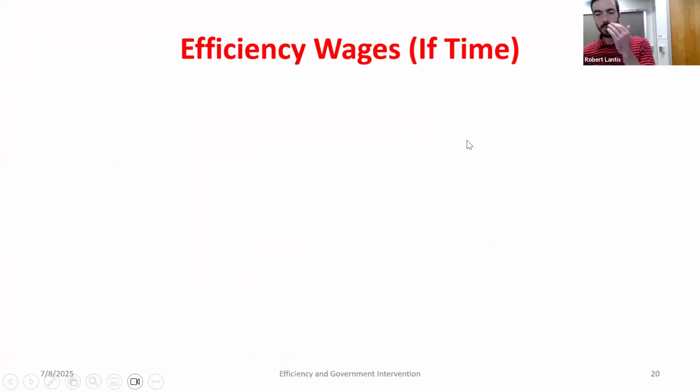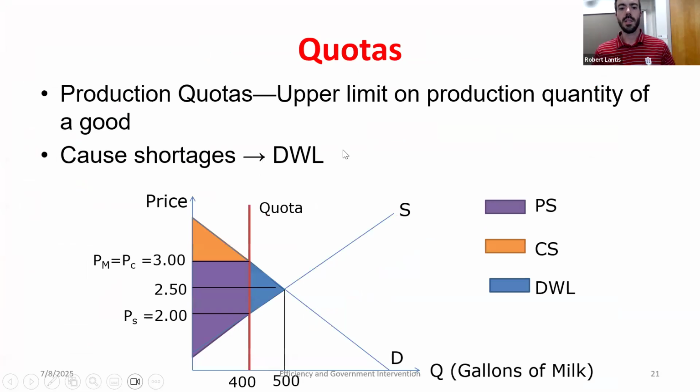So, we talked about price ceilings, price floors. Another one that might seem easier is, instead of a price control, the government might come in and set a quota, right? And just say that there can't be more than a certain quantity in the market.